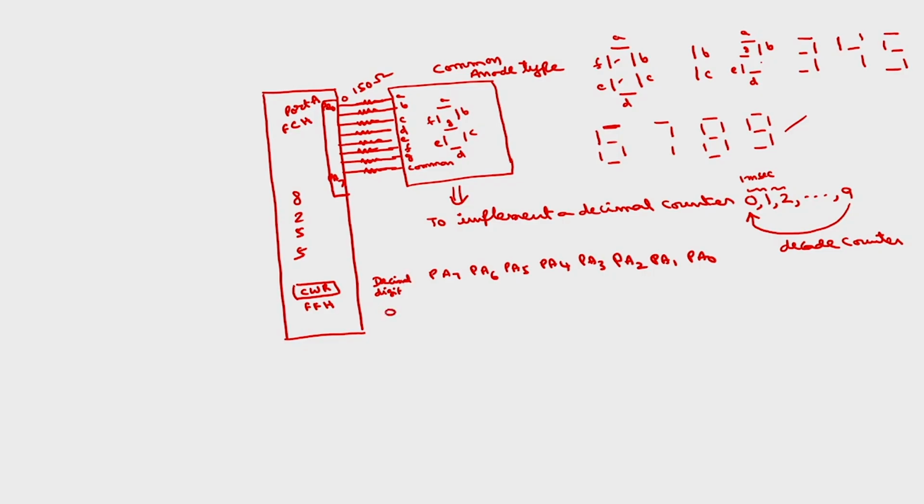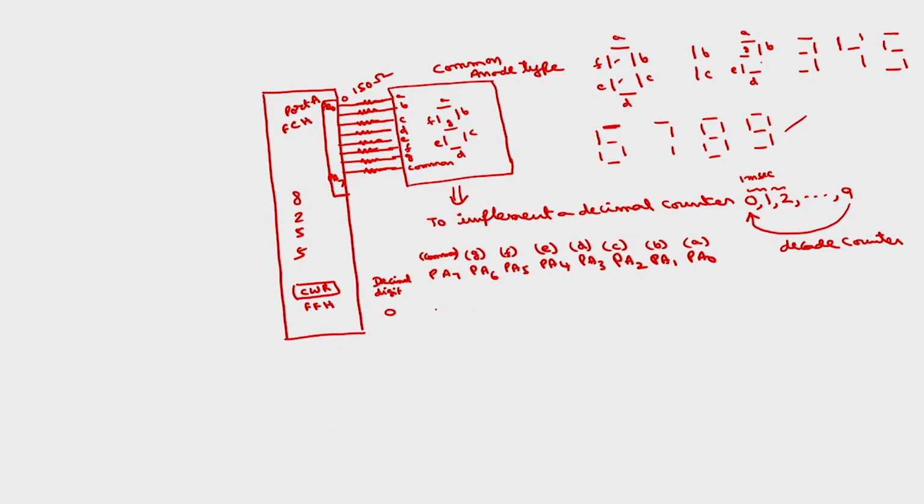So decimal digit is 0, say. In order to display 0, this is common anode type. PA0 is connected to A, this is connected to B, this is connected to C, D, E, F, G, and this is connected to the common point.